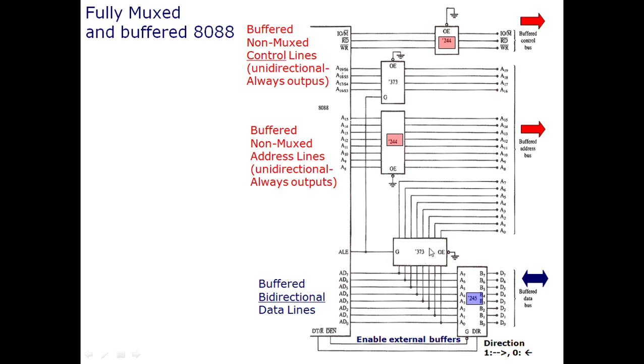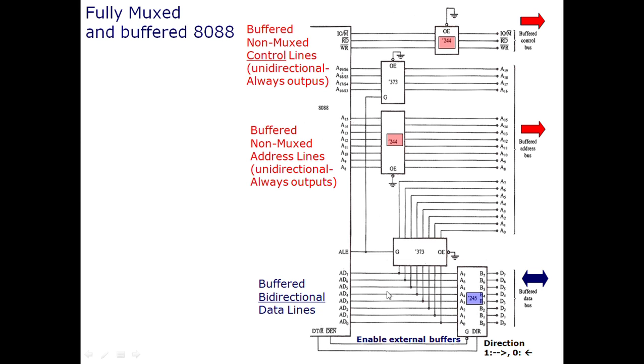So it will disable this chip. So whatever is available here will not be passed on here, because this is the address bus and the microprocessor is sending the data here. And whenever the microprocessor is sending data, that means the direction is out of the microprocessor. So the microprocessor will put data here and will put 0 here so that this transceiver is enabled, and the data transmit receive pin will set the direction of this transceiver.